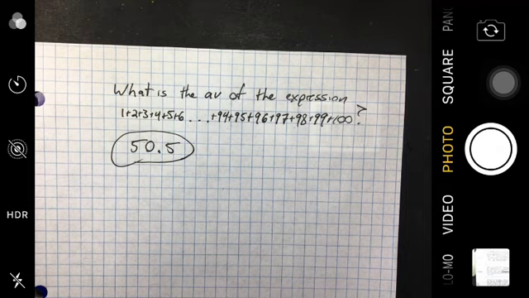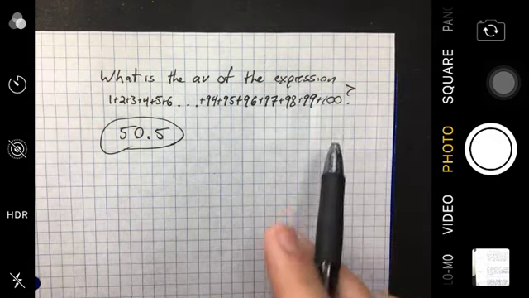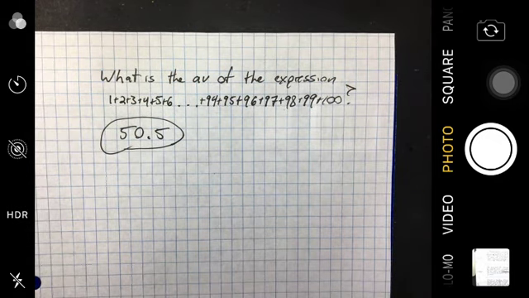Why do we divide by 100? 100 terms? And why 101 times 50? Because this stops at 100. Aren't there 100 numbers? Yeah, there are.